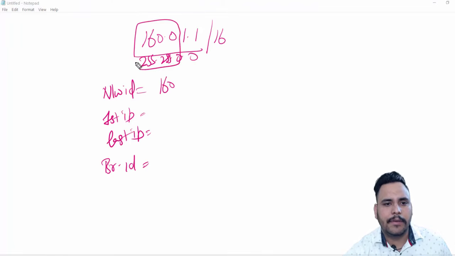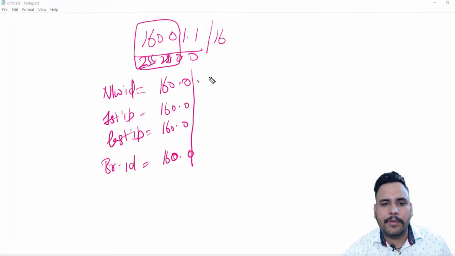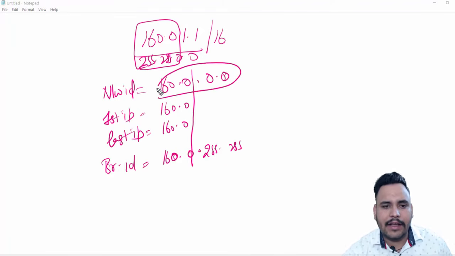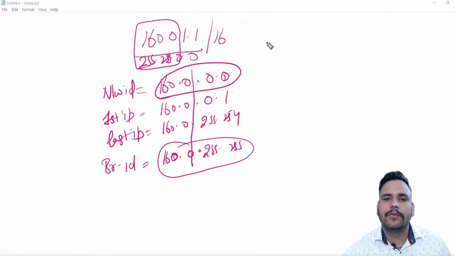So 160.0 remains the same in the network ID, first IP, last IP, and broadcast ID. Understand? The network ID is represented with 0.0 as I told you in A class, and the broadcast ID is represented with 255.255. So this is the starting IP address, and this is the last broadcast IP address. So the first valid IP is 0.1 and the last valid IP is 255.254.